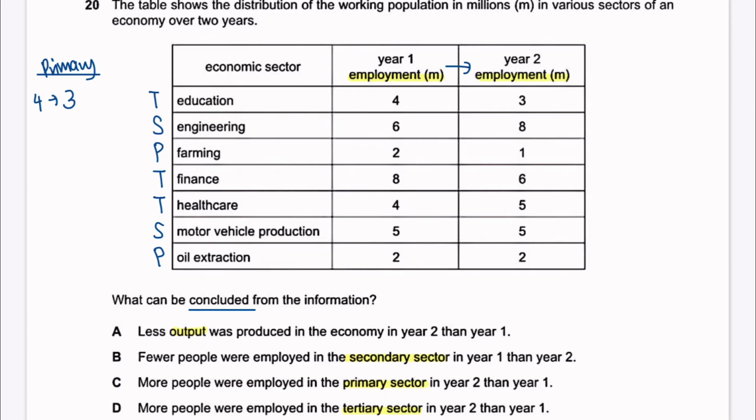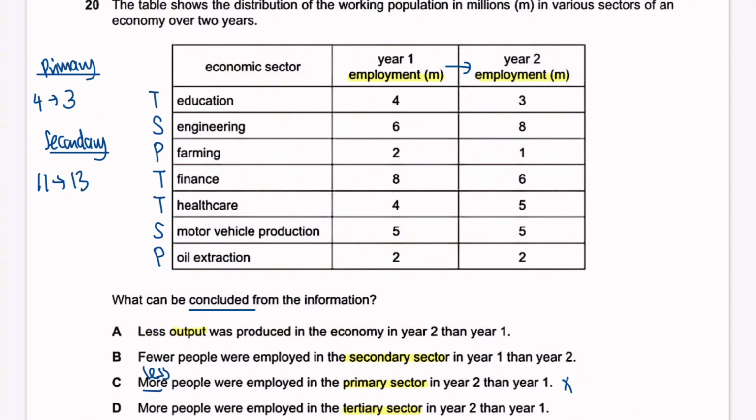So C is wrong because fewer people were employed in the primary sector in year 2 than year 1. Secondary: we need to add up engineering and motor vehicle production. Year 1, 6 plus 5, 11. Second year, 8 plus 5, so 13.